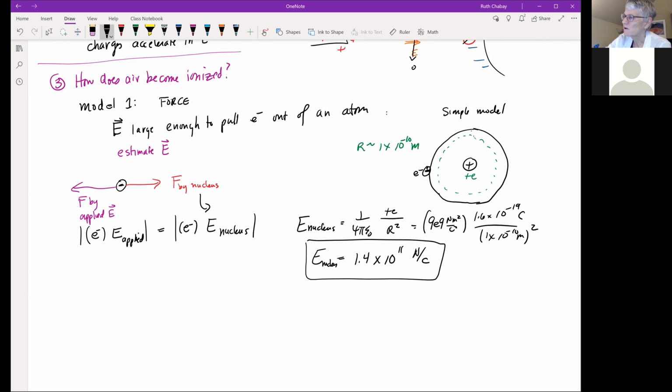Now that's an estimate, but we know experimentally that the critical field, the one we need to get a spark, is on the order of 3 times 10 to the 6th newtons per coulomb. So this is a pretty big disagreement.